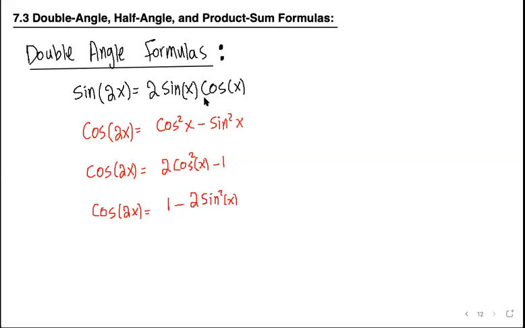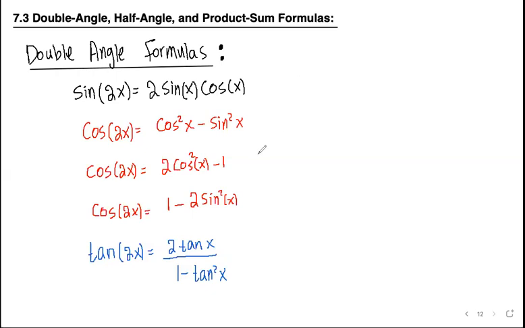Okay. This is for the cosine, this is for the sine, and the last one is for the tan. So you have to know the tan of the double angle 2x is equal to 2 tan x over 1 minus tan square x.